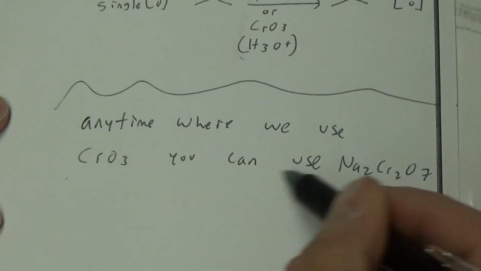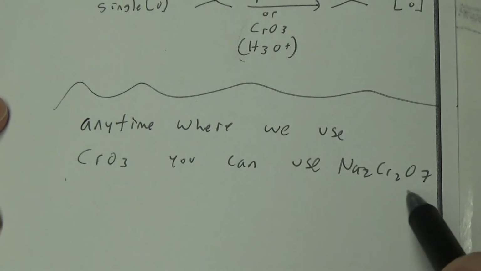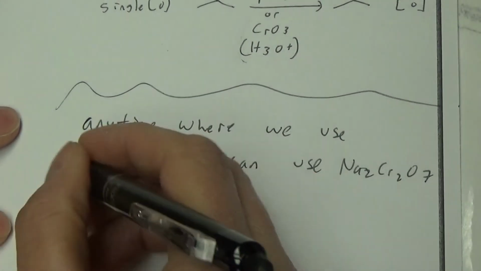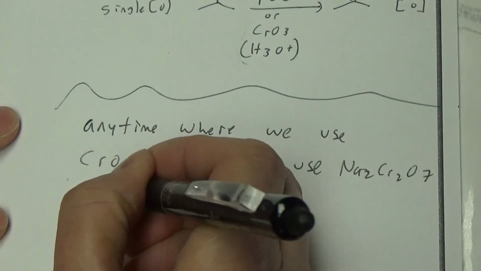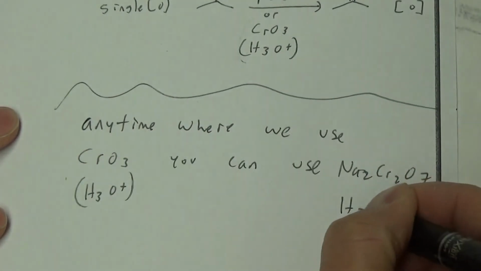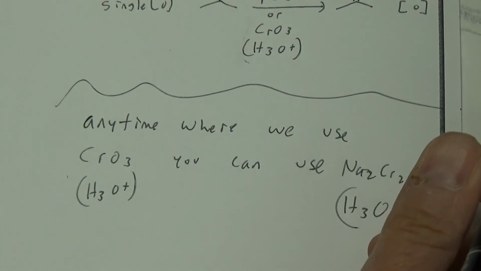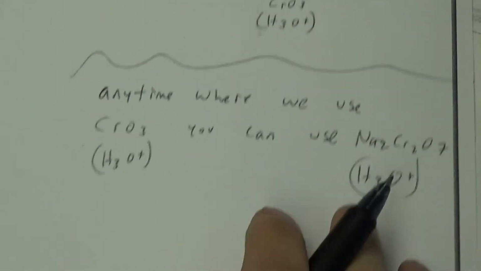Which one's easier to memorize, CrO3 or Na2Cr2O7? I think CrO3 is easier to memorize. But in all cases, they both require H3O+. All right, I think that is it.